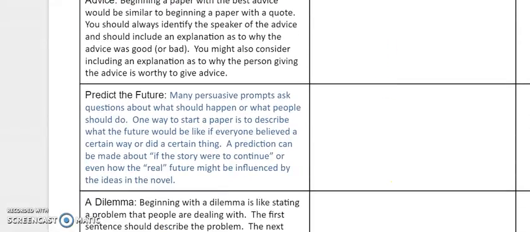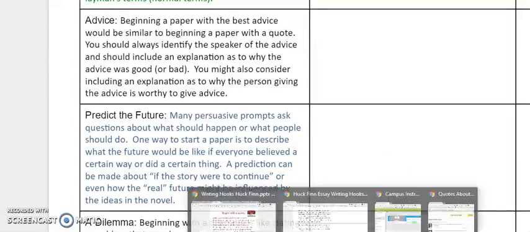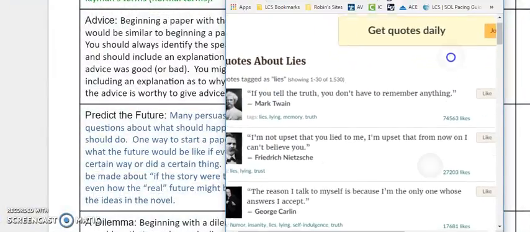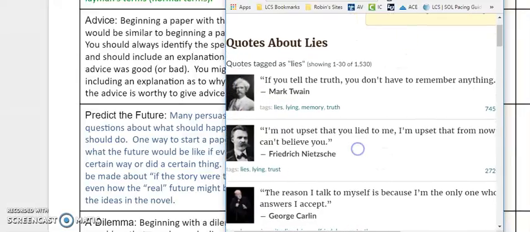Now, another writing hook would be to maybe talk about advice. And you know what I did? I actually went to Google and I typed in quotes about lying. And I found this quote about lying by Mark Twain, which I thought, oh, it would be really great if I could work this somehow into my paper.